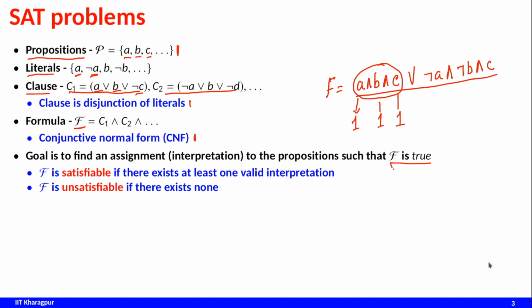If one of the terms is true, then the whole expression is true. But for CNF, I cannot say that, because if I make one of the clauses true, that does not mean the overall formula is true, since I have to ensure that all the clauses are true.